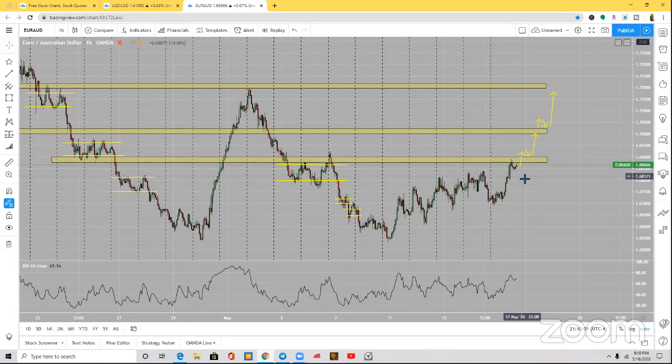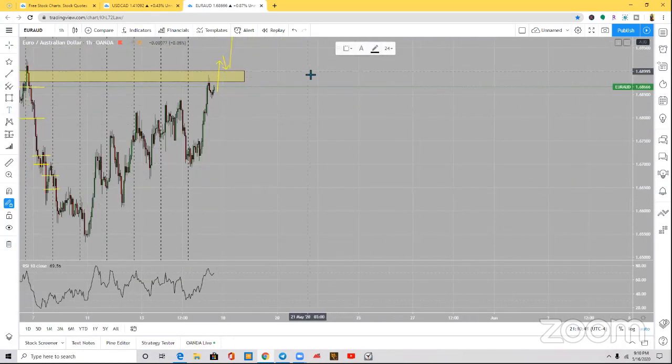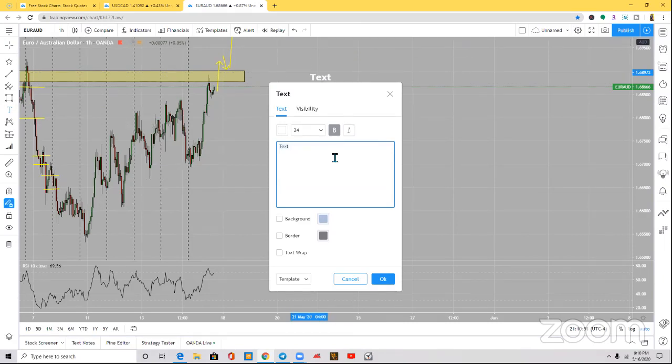I may leave this one alone if I see price break above this resistance area and we get some more bullish candles, then I'll start looking for buys after it breaks above this 6908 area.